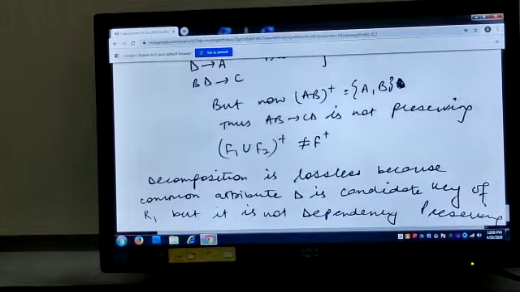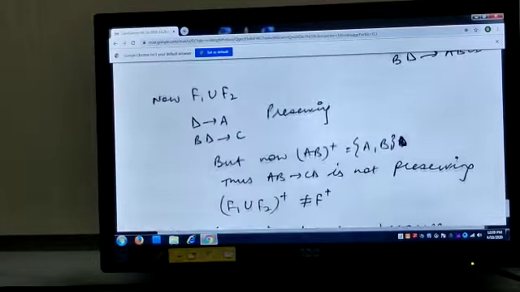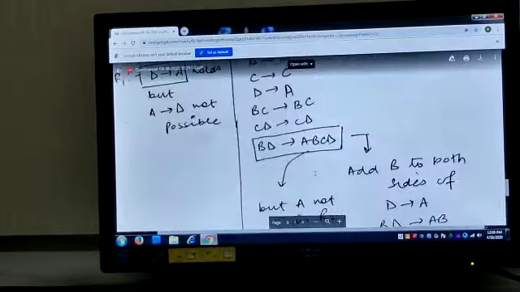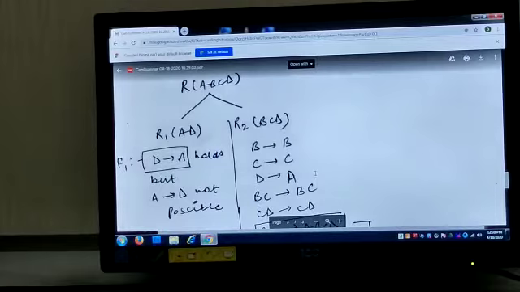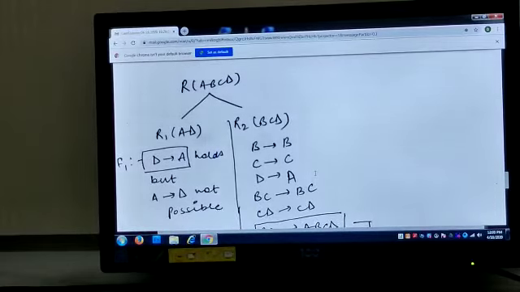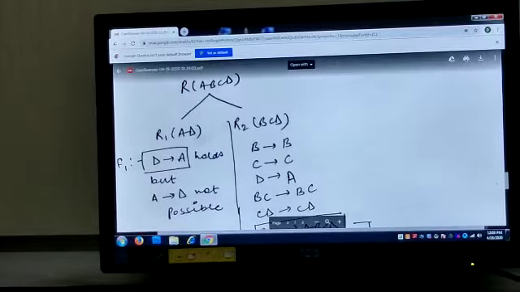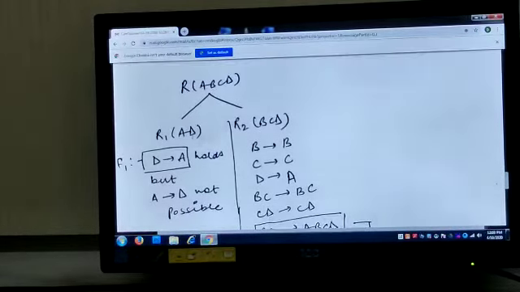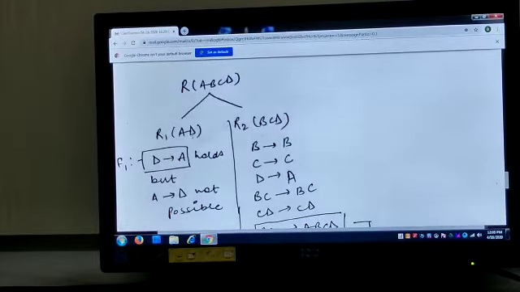How is it lossless? According to the definition of lossless, we had three conditions. There should be at least one common attribute. Yes, I am having the attribute D as a common attribute between R1 and R2, and that common attribute should be the candidate key of at least either R1 or R2.